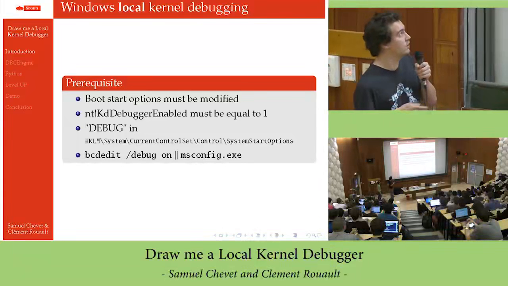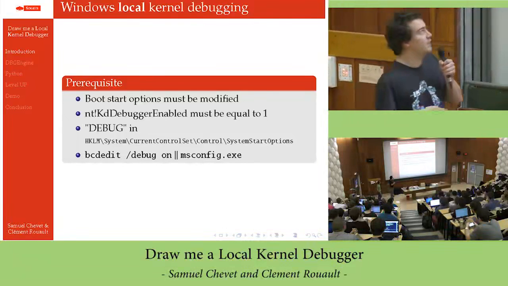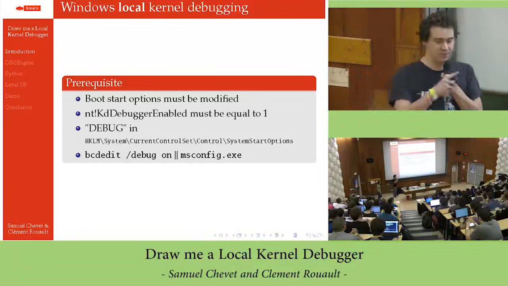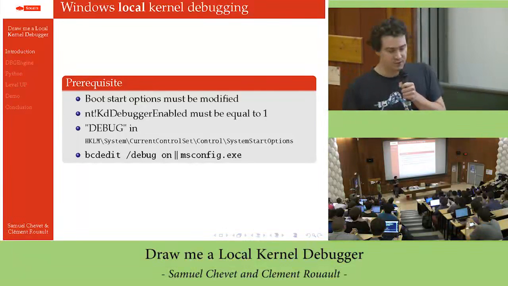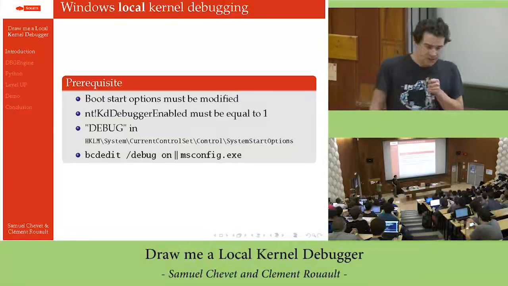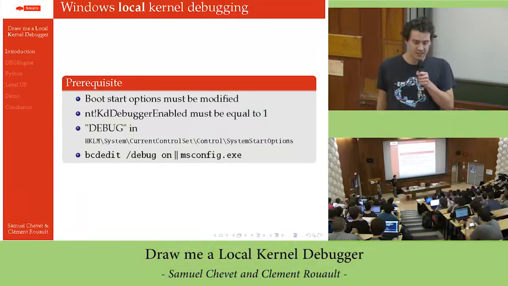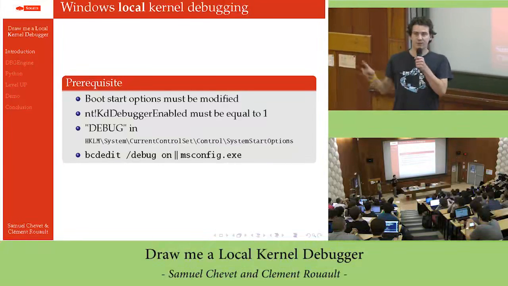If you modify the boot option, a global variable named KdDebuggerEnabled will be set to 1, and there will be a string in some registry key. You can do it using bcdedit, or msconfig if you prefer to click.